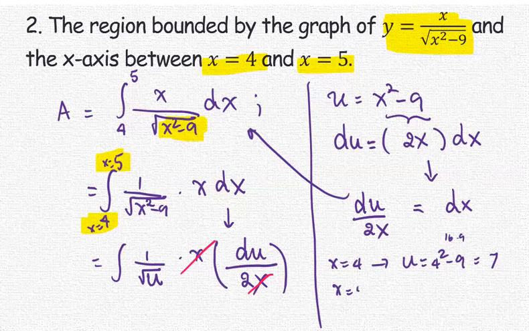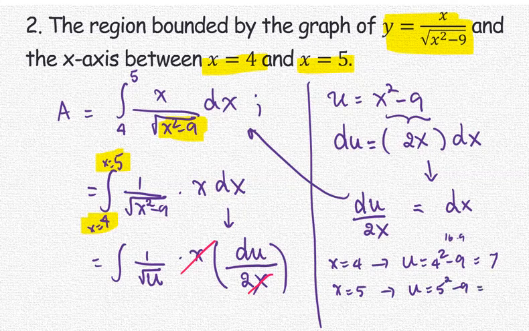For x equals 5, u equals 5 squared minus 9 or 25 minus 9 or 16. Okay, 16. Lower limit for the u is 7. Upper limit is 16. Clean up to get ready to find the antiderivative.